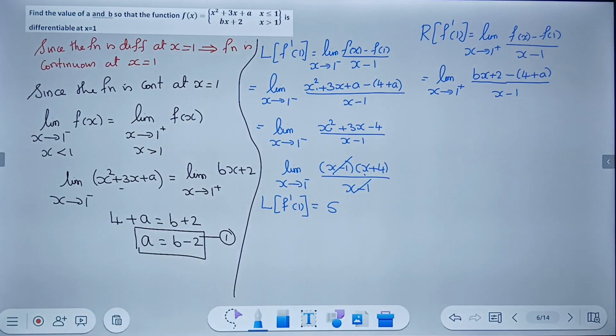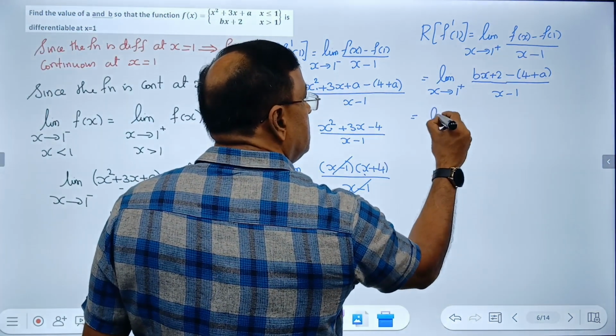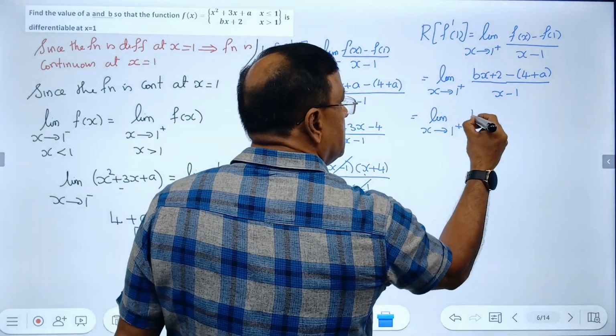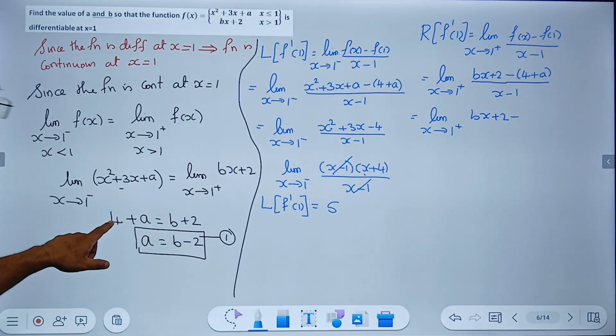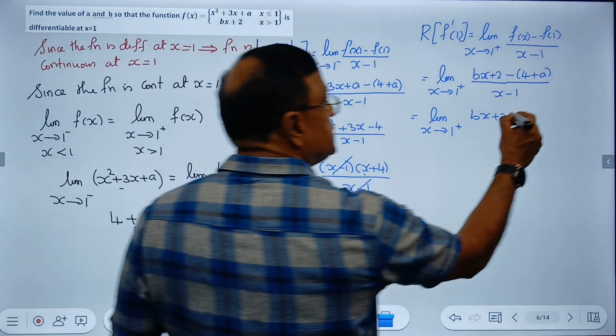Correct? So now what happens here? This is actually limit x approaches 1 plus, bx plus 2 minus 4 plus a. Can you see 4 plus a? 4 plus a is nothing but b plus 2.